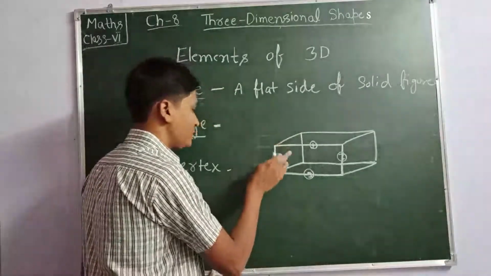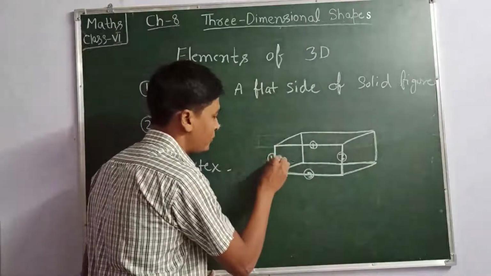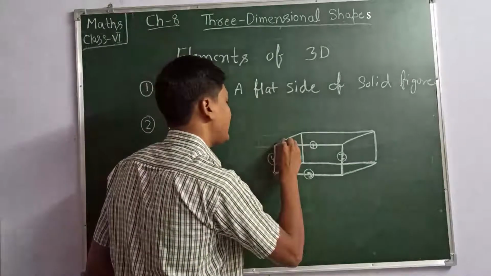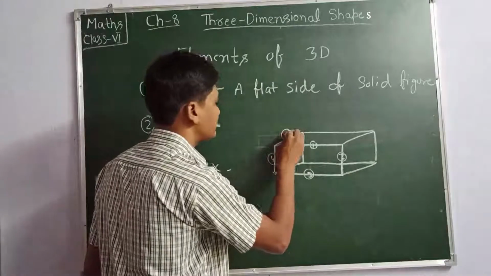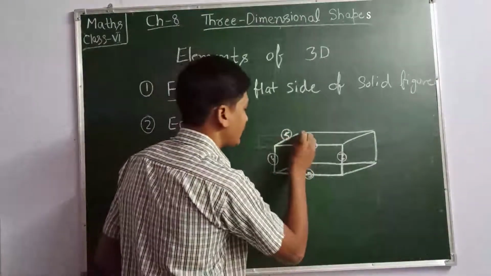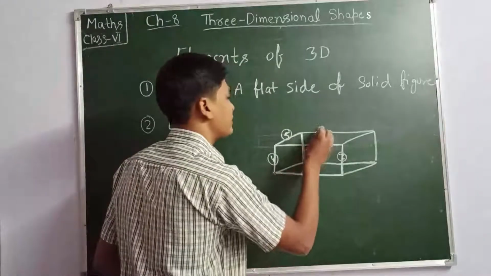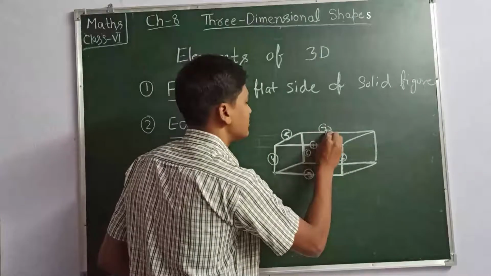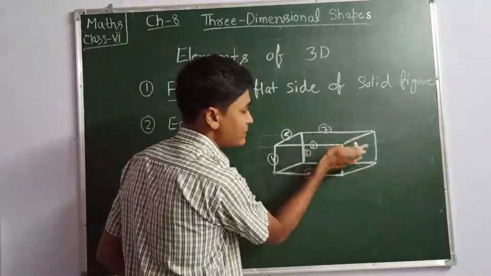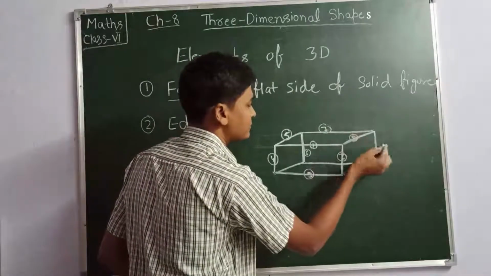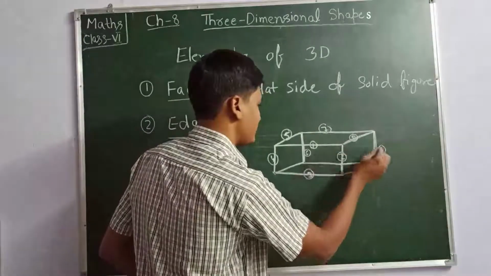Now this one, this face and the side face meet, 4. Now this line segment, 5, and this line, where two faces meet, 6. This line, 7. Now this line, because this face and the top face meet, 8. Here also, 9.